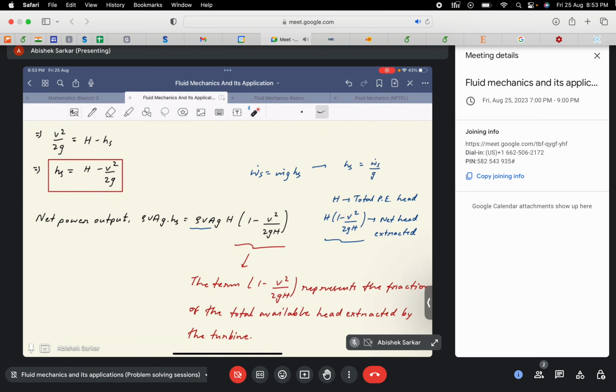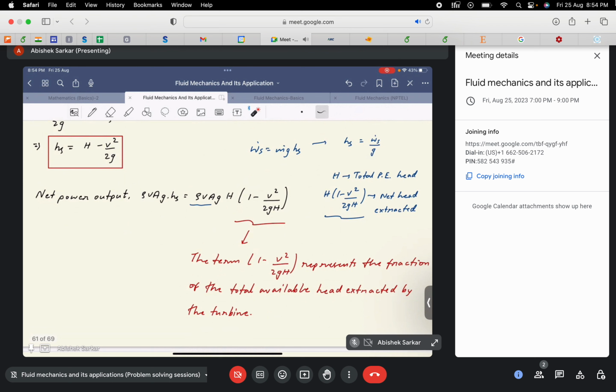So considering all these losses, only a small fraction of the total potential energy will remain that we are able to obtain in the form of electrical energy, from the net energy available to us by virtue of the potential head of the fluid at a certain elevation. Okay, so that is what I wanted to tell you.